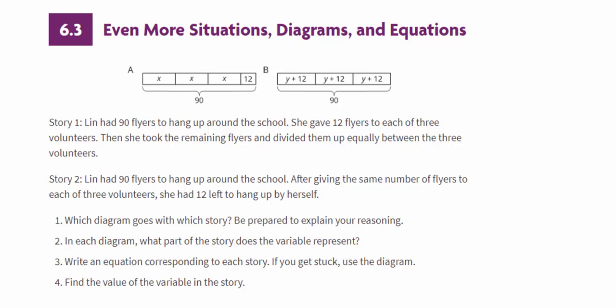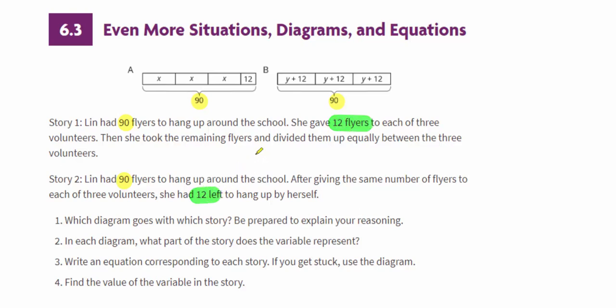Looking at these two stories, I notice we have 90 in both of them as the total flyers, and we have 90 here. She gave out 12 flyers. She gave out 12 flyers here.